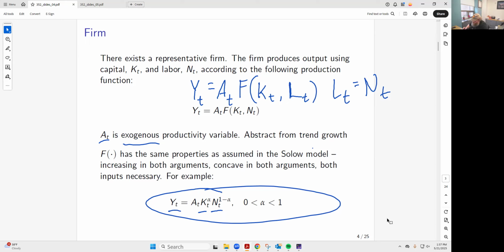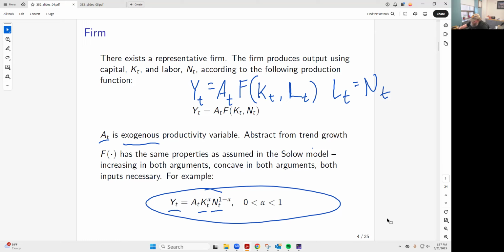And you'll notice that we have the exponents, which, like they did in utility theory, are going to define the mix of capital and labor that the firms use.